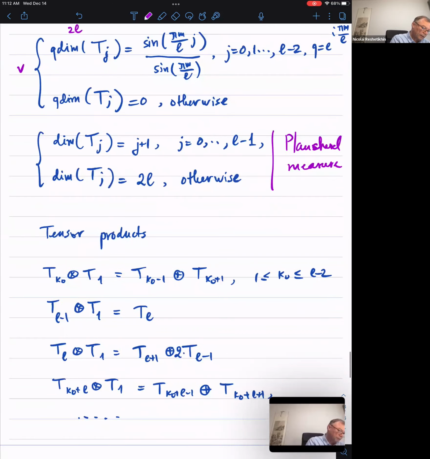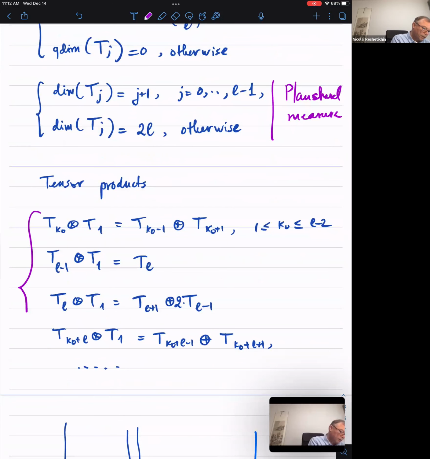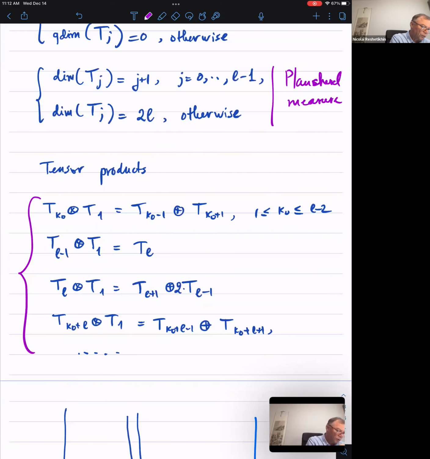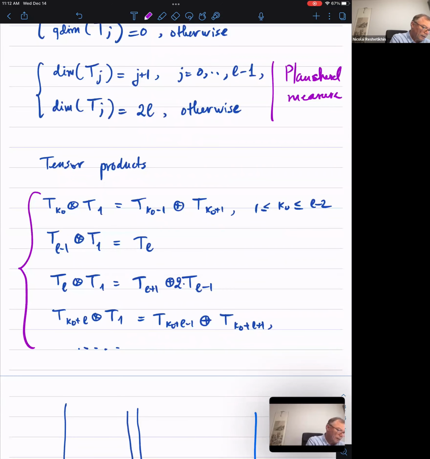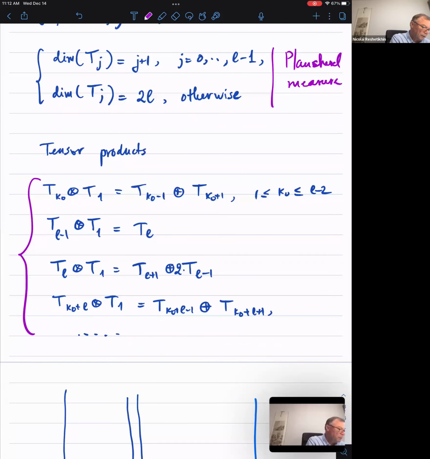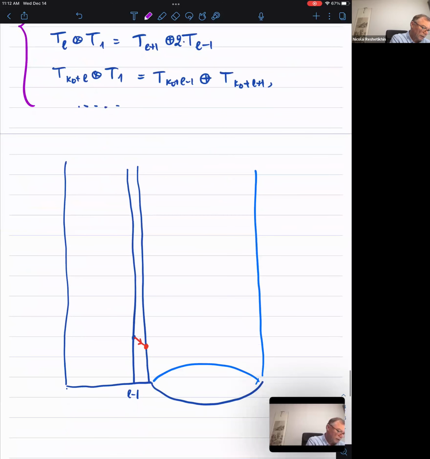So these are the rules. I'm not going to write all of them. They follow immediately from the branching rules for the large quantum group. So instead, I will draw a picture of these random walks.